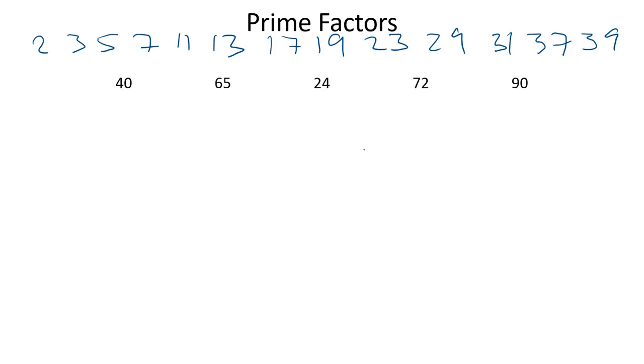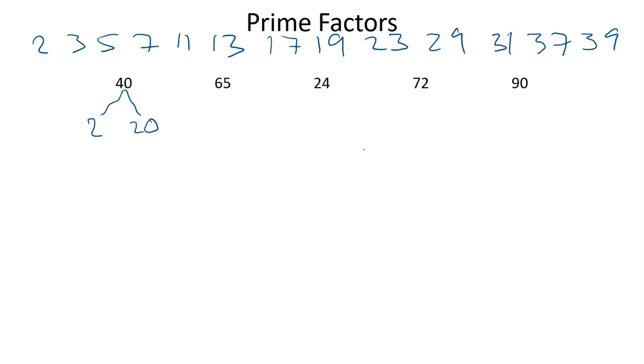So we want to know what prime numbers go into 40 and how many of them. So one way you can do this is by doing a tree diagram, and very similar to before, we're going to split this into two numbers that times up to make 40, and so I'm going to go for something like 2 times 20.